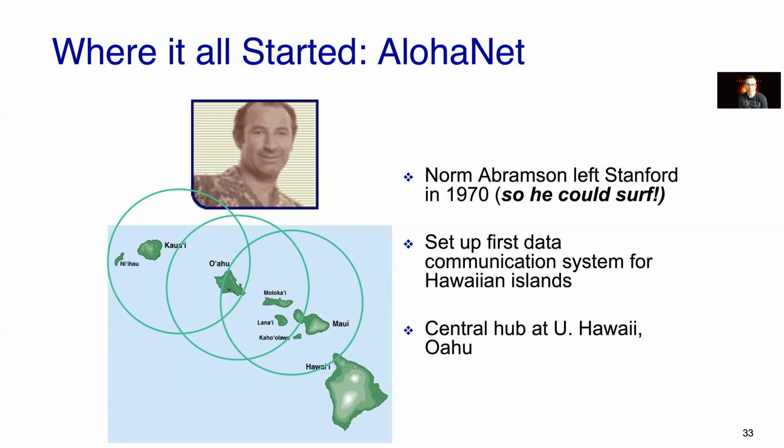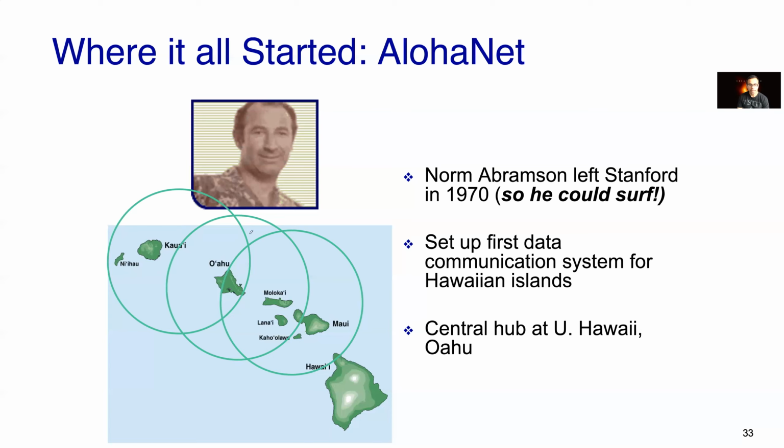He was working at the university there, and he wanted to set up a packet radio network, essentially a wireless network where they could deploy transceivers on these different islands with the central hub in the central campus here in Oahu, so that the nodes could all transmit to the central campus and the central campus could then transmit back to the other nodes.